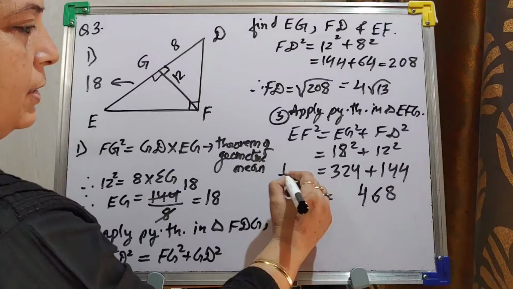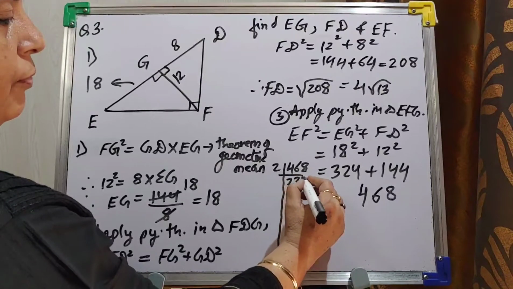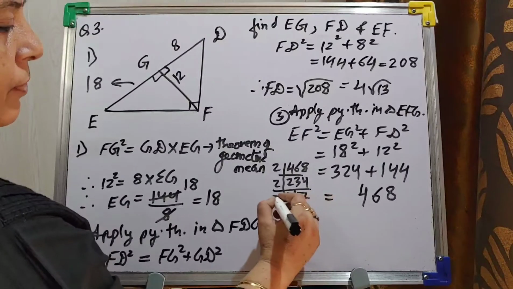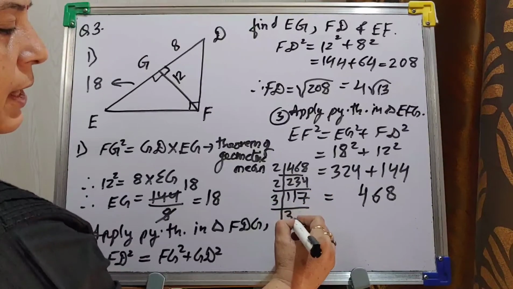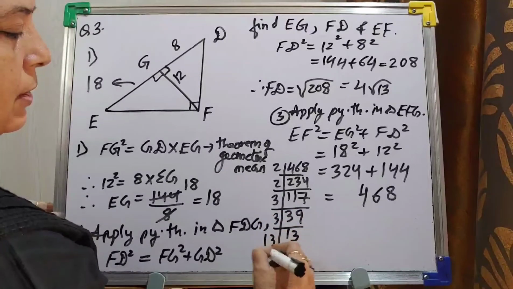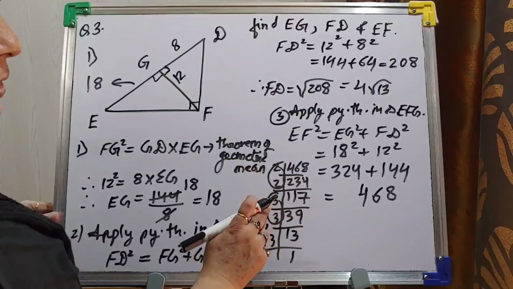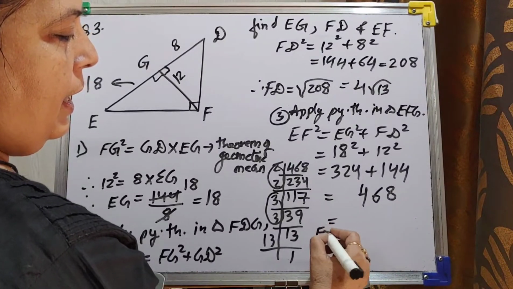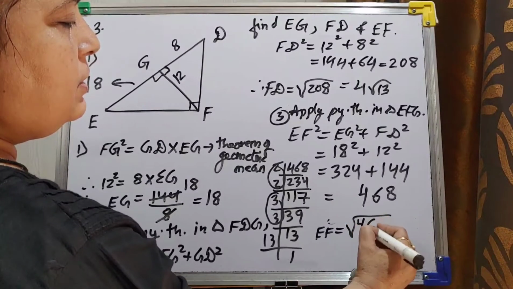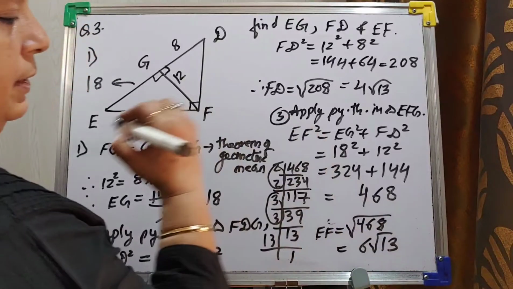You can factorize 468 with 2 it will be 234, with 2 117, with 3 3s are 9, 3 9s are 27, again with 3 13. One pair is of 2, one is of 3, 1 2 from here, 3 from here. So EF will be square root of 468. So that will be 6 root 13.